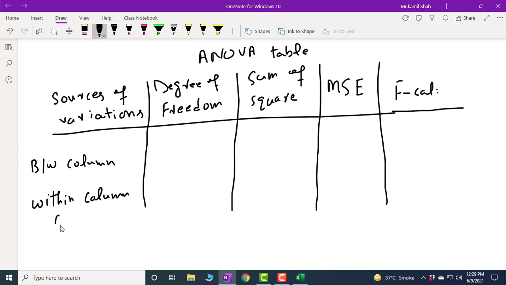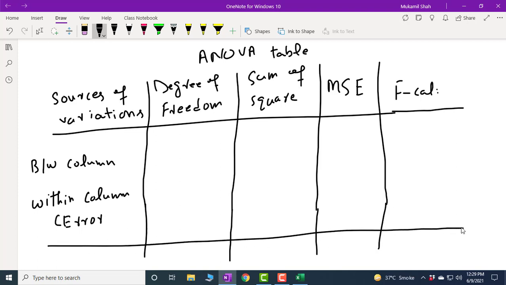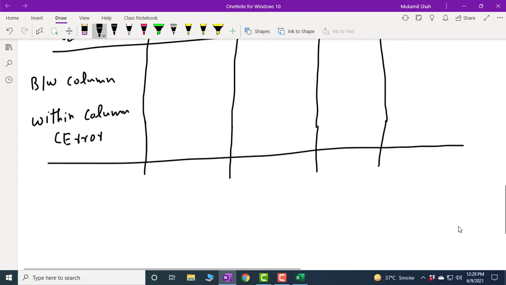Within column is also known as error. And here you report the total.